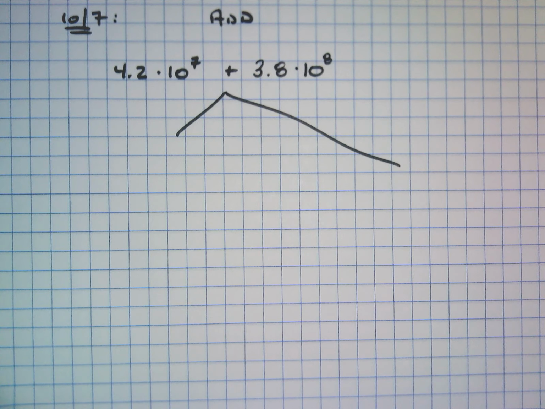Yeah. All right. So a lot of students, and maybe 10 years from now, if you're asked this question, you may not remember this method, but you'll think to yourself, you know what I can do? I can write these numbers out.